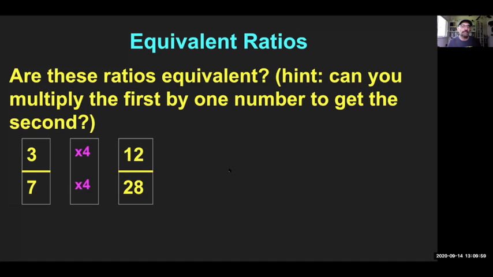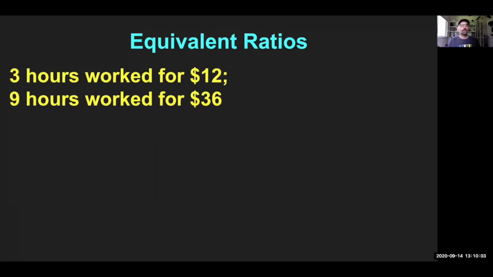So let's look at that same thing in a word problem. It's the same sort of thing, but now they just do it in words. 3 hours worked for $12 and 9 hours worked for $36. So we'll turn this 3 hours worked for $12 into a fraction or a ratio. It's 3/12, right? We have hours over money.